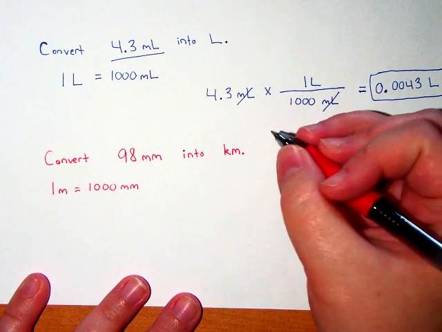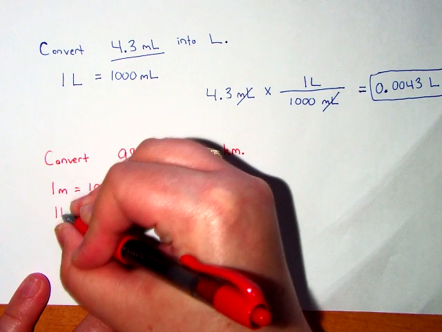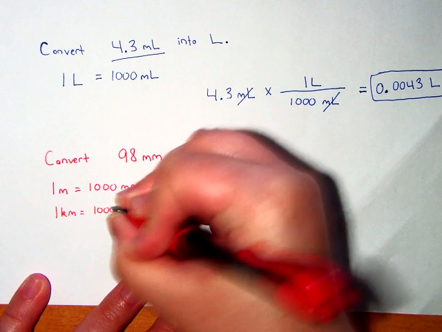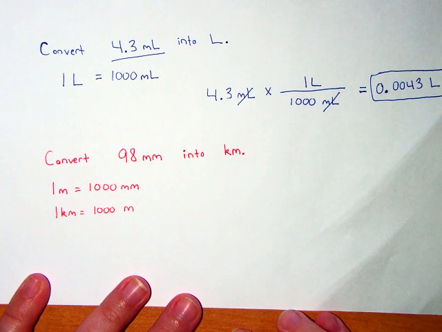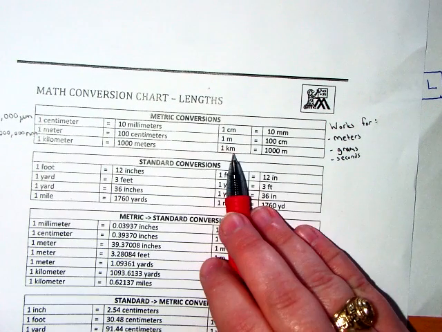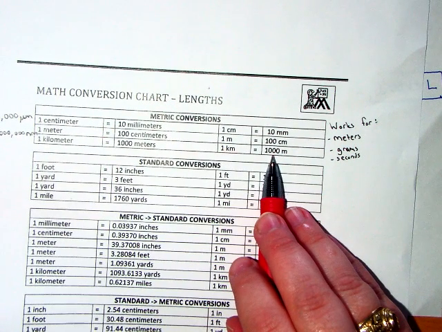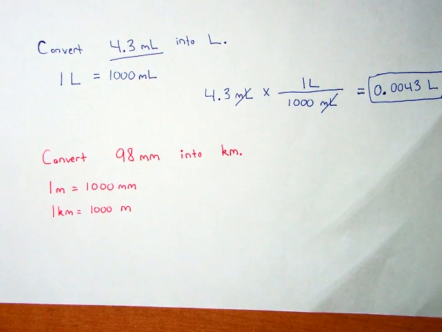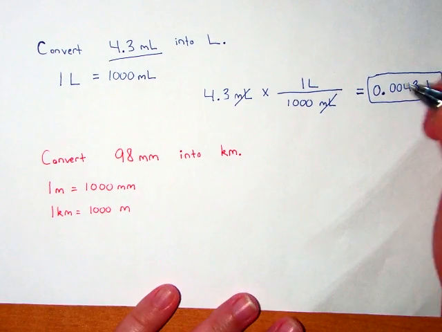I also know 1 kilometer is equal to 1,000 meters. Okay, we have a lot of zeros in there. And you can find both of those on your conversion table. So 1 kilometer, 1,000 meters, and the meters to centimeters is on there, or millimeters is on there somewhere.